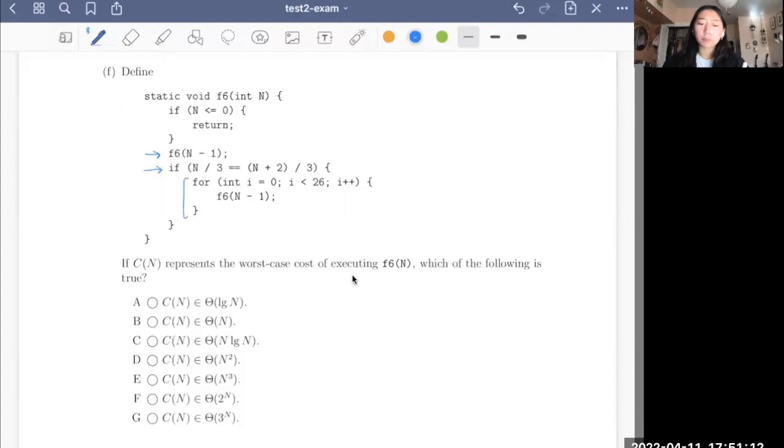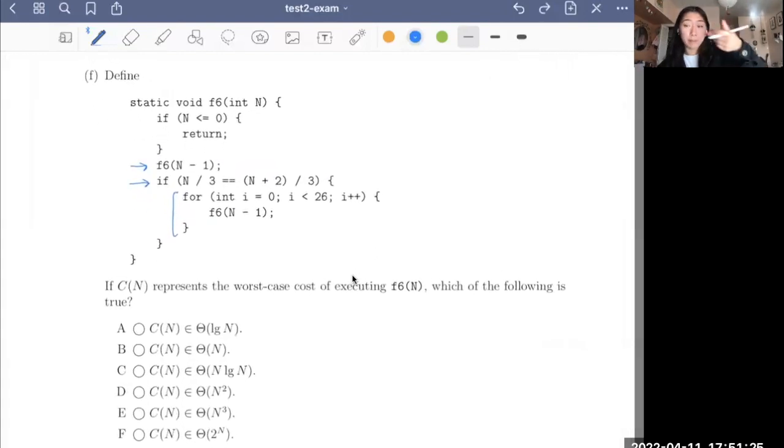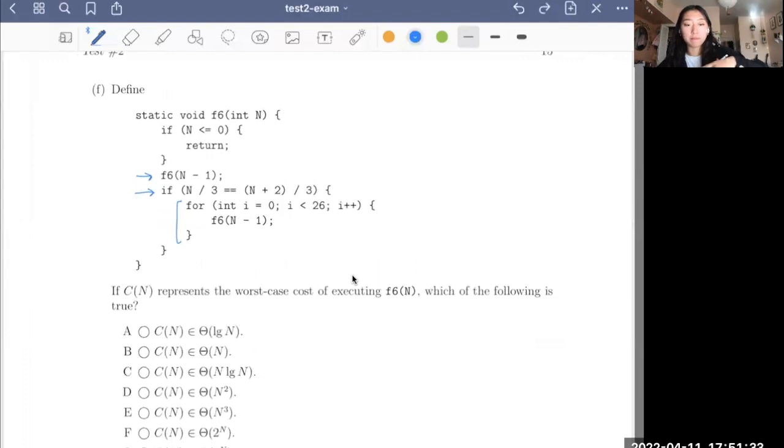This is an interesting question, and it makes me wonder, where is this case true? Remember, Java does floor division, so things that have a remainder will be chopped off. It's possible that two numbers, even though they're different, when divided by 3, result in the same result because the remainder doesn't matter here.